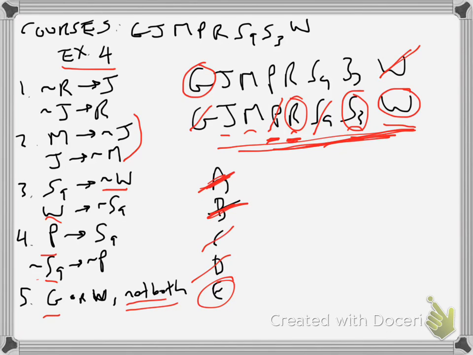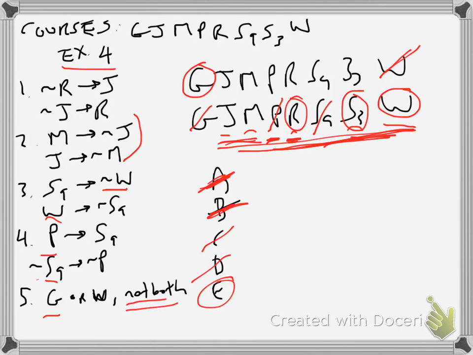But we take a look at D and E, which are about Japanese and macroeconomics. And Japanese and macroeconomics are basically the same course according to our second deduction there. C appears to be the very probable answer.